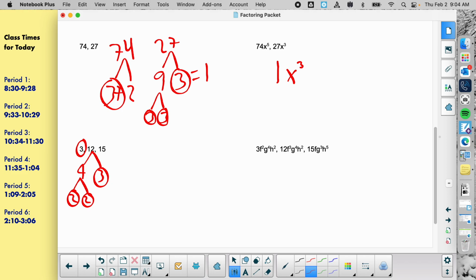You don't have to try to cram it all in. Okay, so our goal is to figure out, is there any number that they all have in common? 3, and just one of them? Correct? So 3 is the greatest common factor. Nice job. Oh, and you already did the letter part.